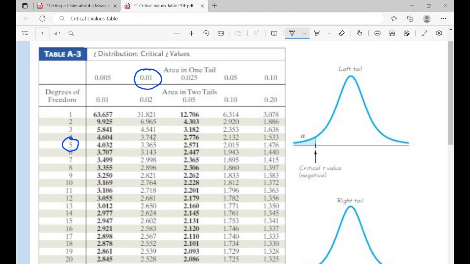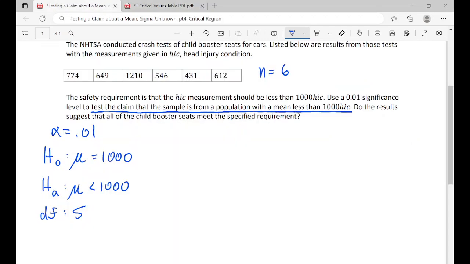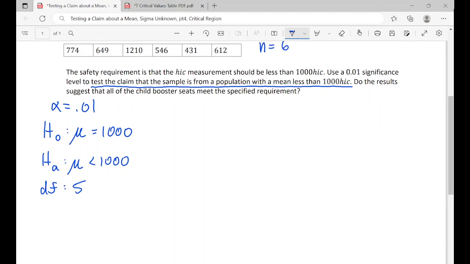We go over and see that our critical value is 3.365. But because it is a left-tailed test, that's a negative 3.365. So our critical value is t equals negative 3.365.